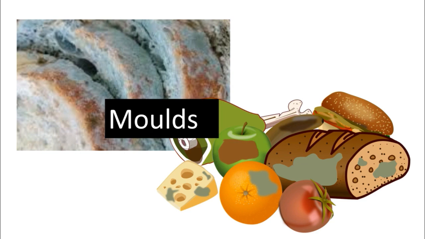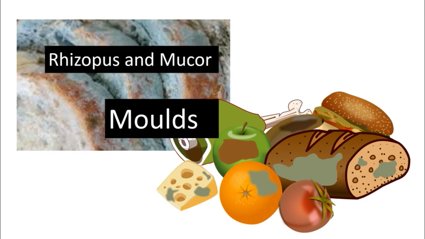The mold present on the bread is generally rhizopus and mucor. So in molds also there are different types. Molds are multicellular. They are made up of many cells.